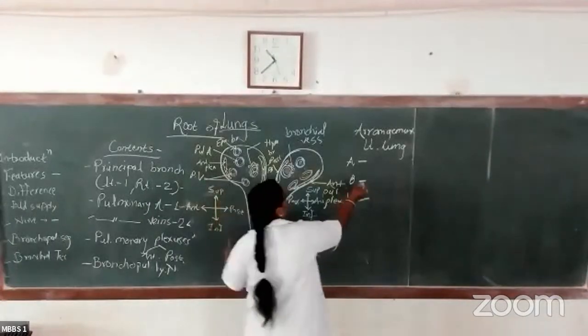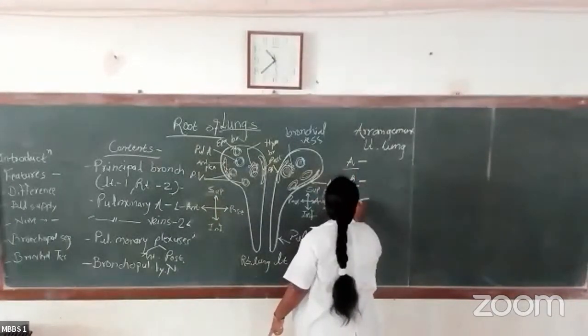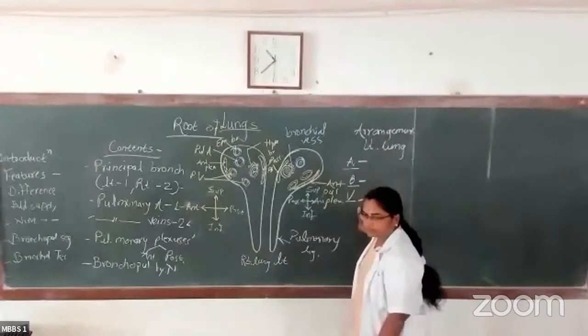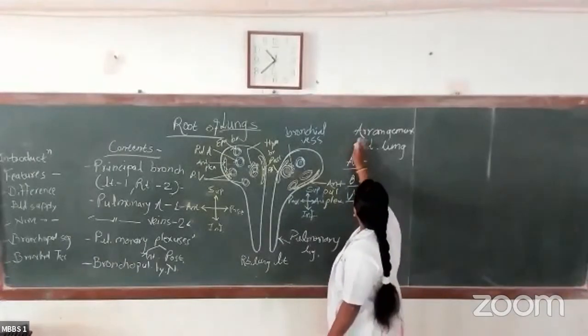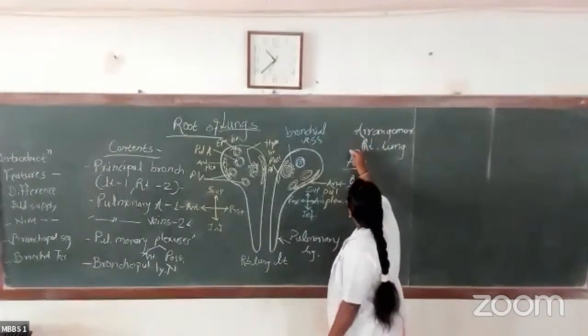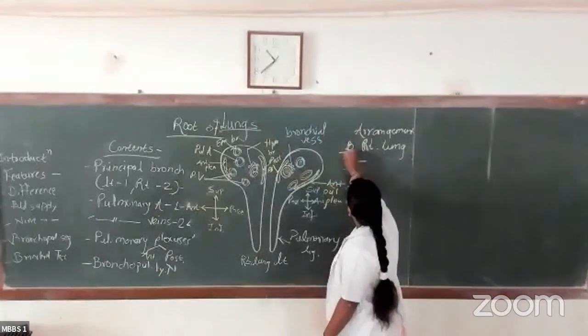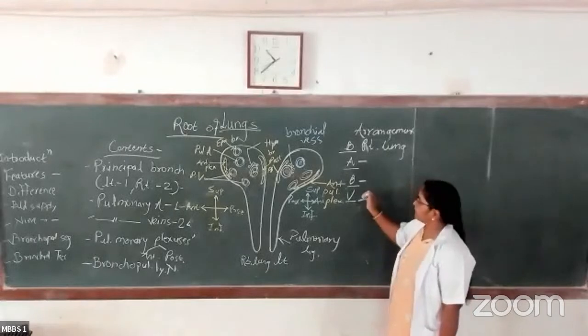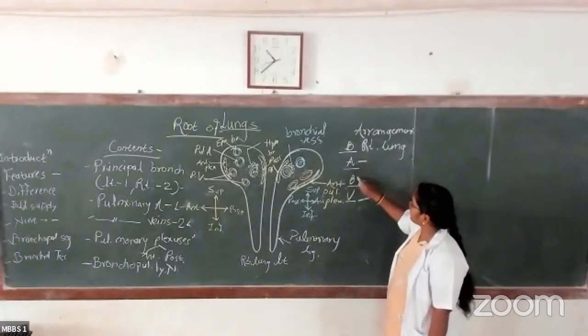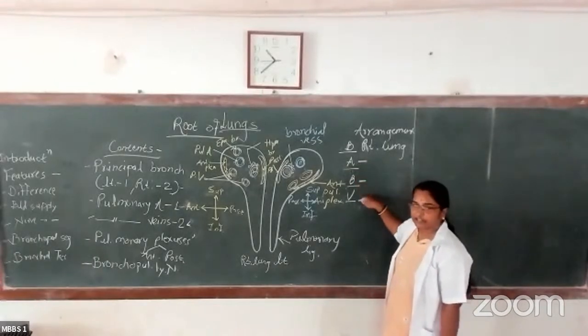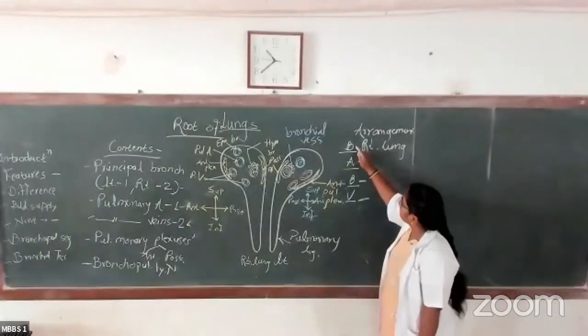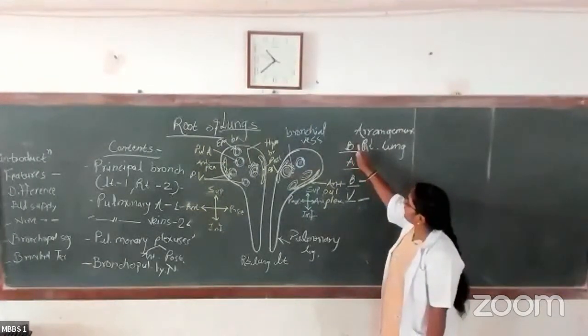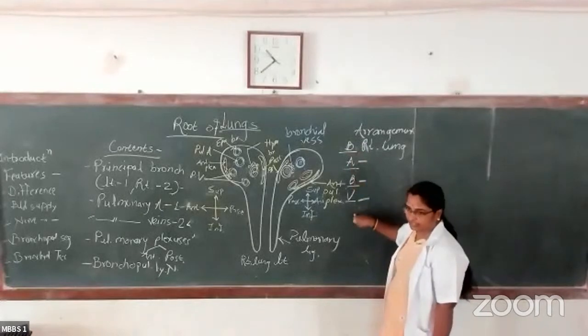So in case of left lung, you should remember like this, A, B, B. In case of right lung, one more structure is added, that is B, A, B, B.